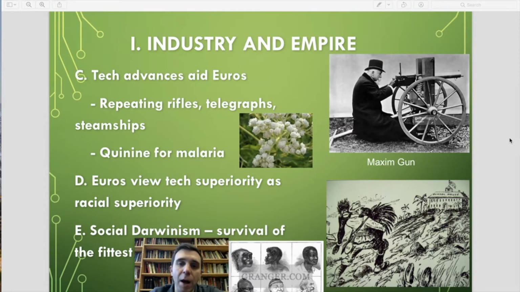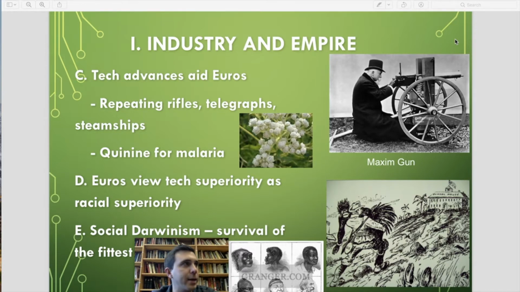One of the most common weapons that basically wins these wars for Europeans is what's called the Maxim gun. The Maxim gun, as you can see here, is more or less a turret-style machine gun. When those rifles can fire two to three times or even dozens of times faster than the older, antiquated weapons that other people have, it gives them a significant advantage.